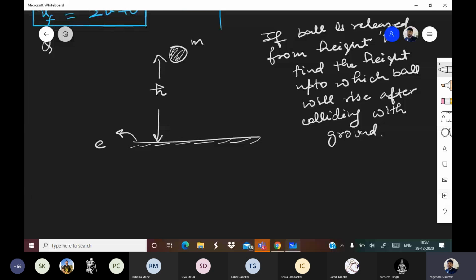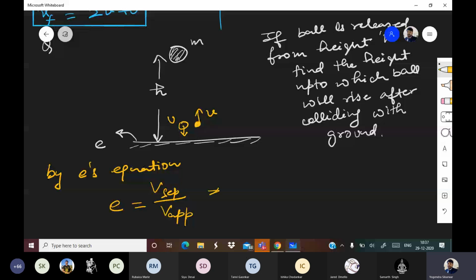Suppose the ball has velocity of u before collision and v after collision. Okay. So by E's equation, E is equal to velocity of separation upon velocity of approach. Now velocity of ground will remain 0 because ground is at rest, right?